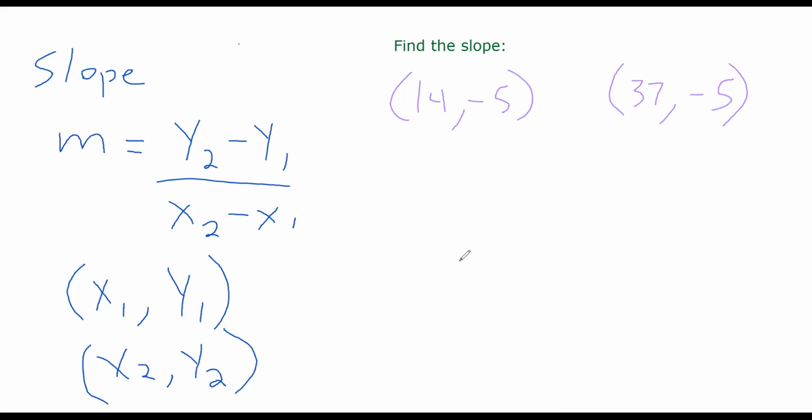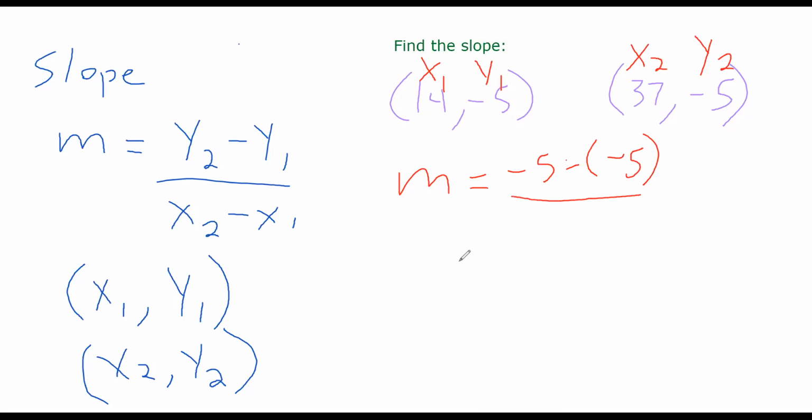That's okay. We'll just call this x1, y1. We'll call this x2, y2. We'll do our slope calculation. So it'd be y2, which is -5, minus y1, which is also -5. On bottom, x2 minus x1, 37 minus 14, okay.